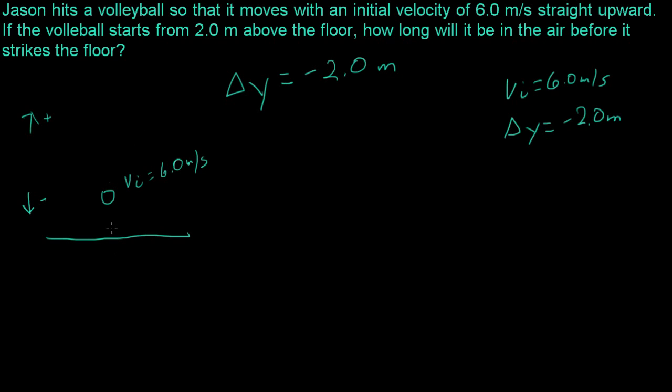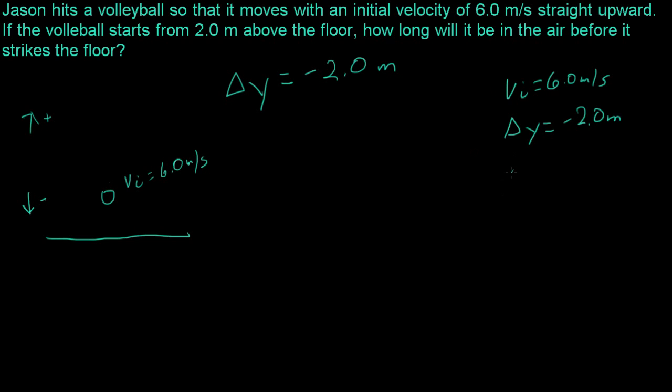Well, yeah, it does do that, but that's not distance traveled. Delta y is the change in position. It often is the same as distance traveled, but not in a case like this where we go and come back. So we have negative 2 meters as our change in position because we started here and we went down 2, negative because we moved down. That's just the convention.